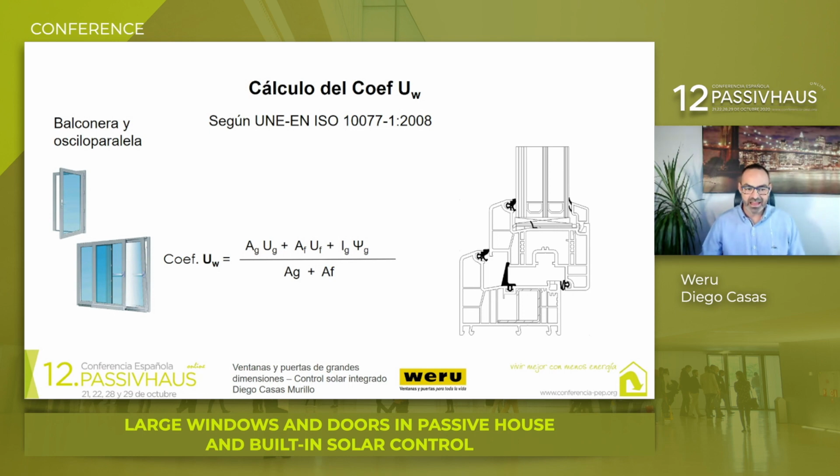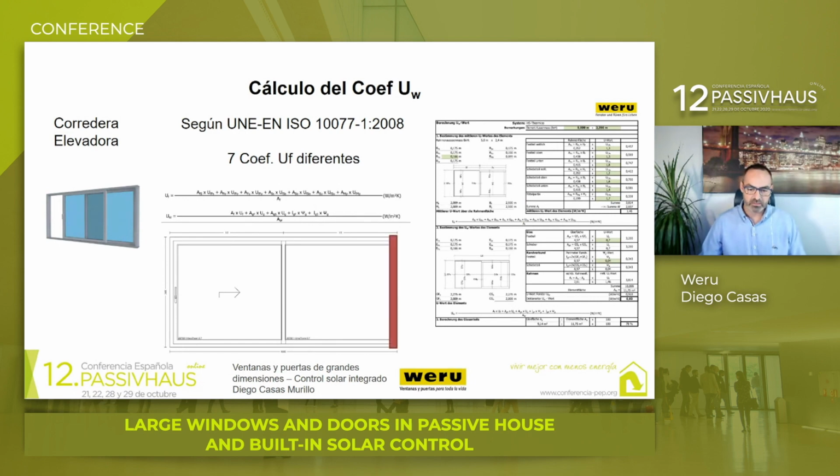As regards the calculation of the UW coefficient for energy efficiency in windows and balcony doors, we use the profiles with the well-known formula of the UW coefficient for window calculations, taking into account glass requirements, pane requirements, frame requirements, and spacer parameters.